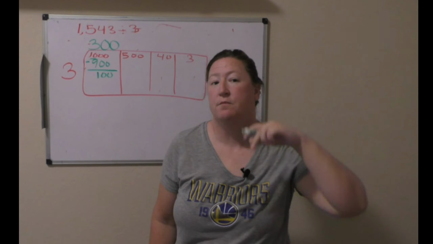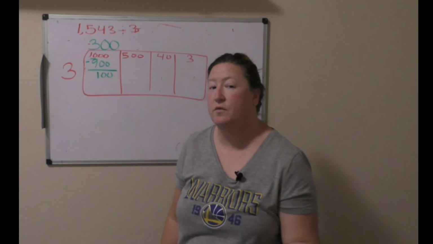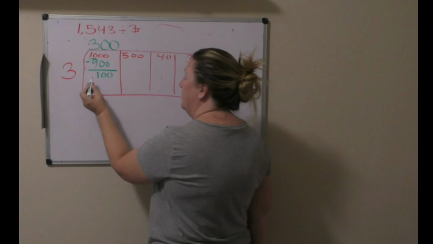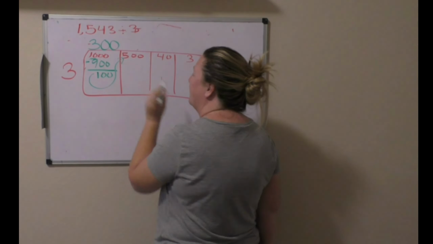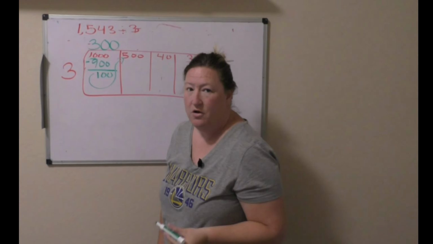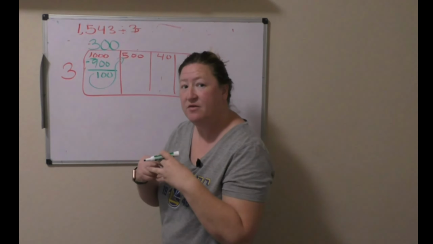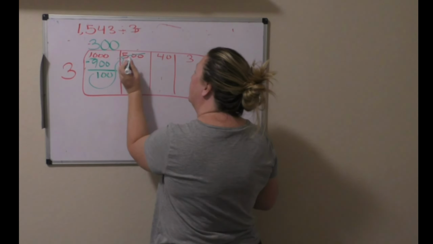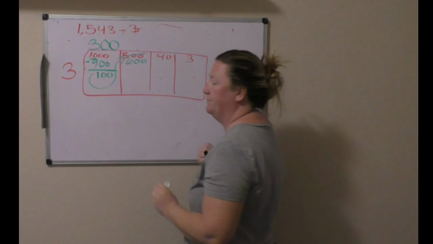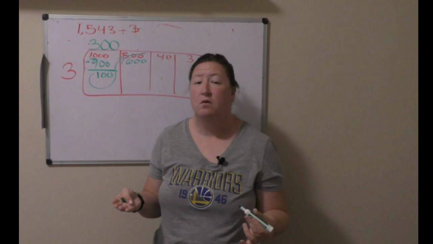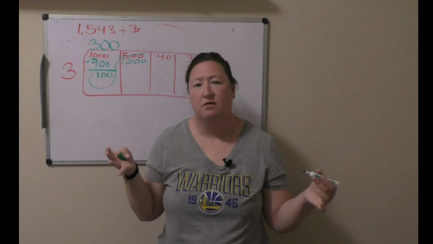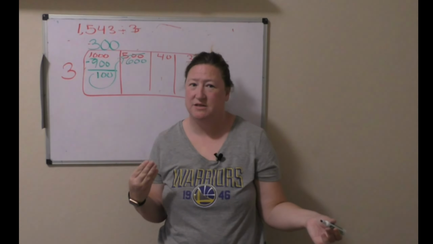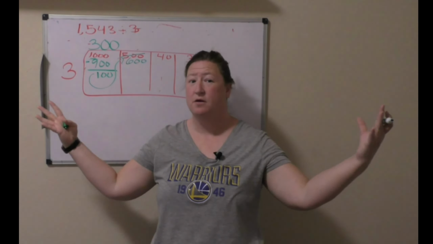I'm now going to bring it on over and restart. So my 100 is going to move on over to this 500. 100 and 500 together is 600. So now I'm going to divide again. 3 goes into 600. 600 is such a big number.